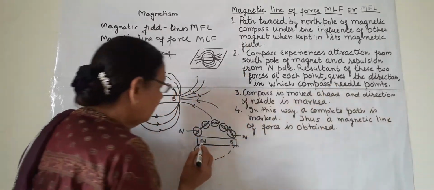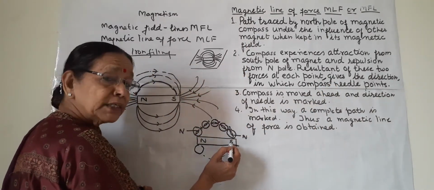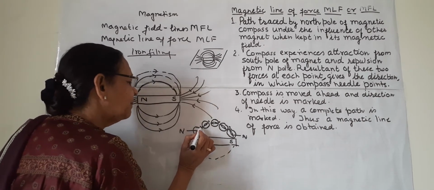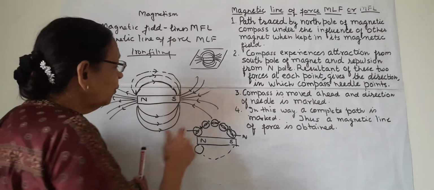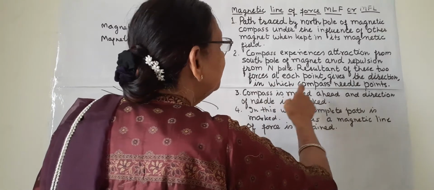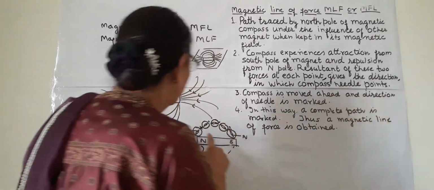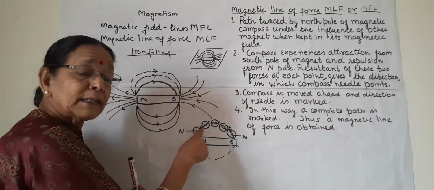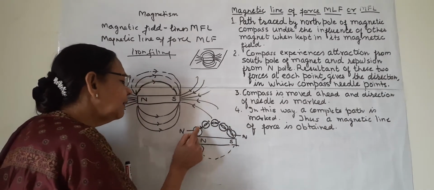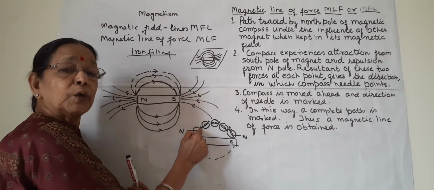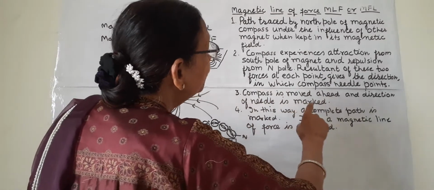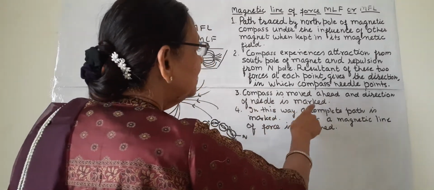So one force is from this, one force is from this, and the resultant force will be present here. So this point is the resultant of these two forces, and the compass needle shows the direction towards this point.